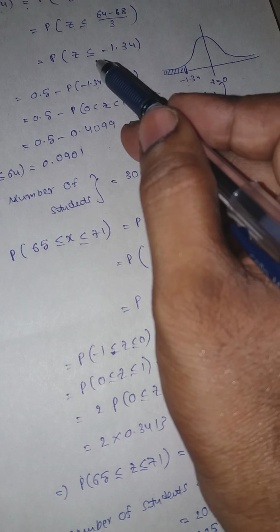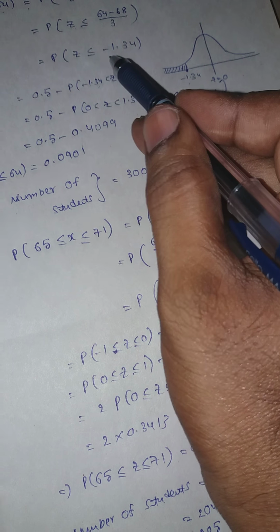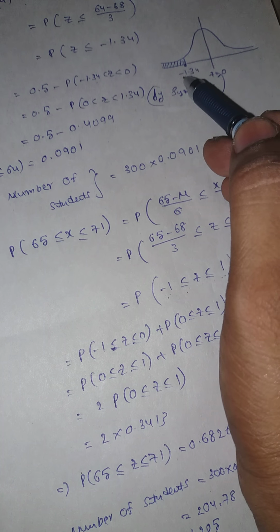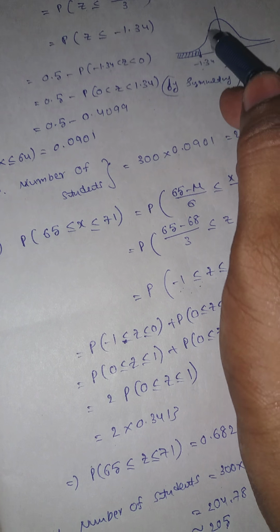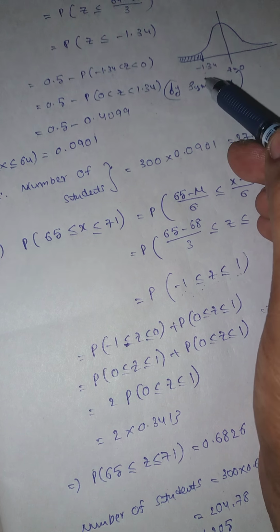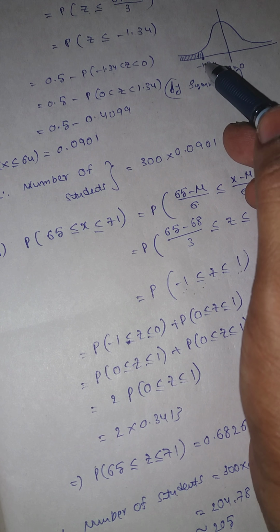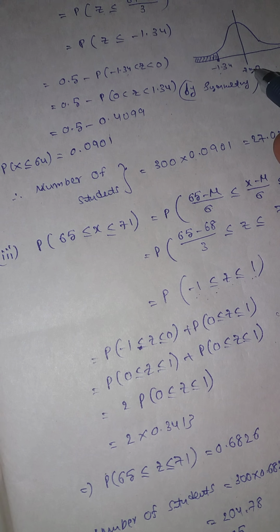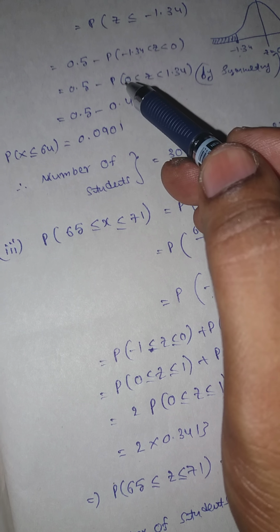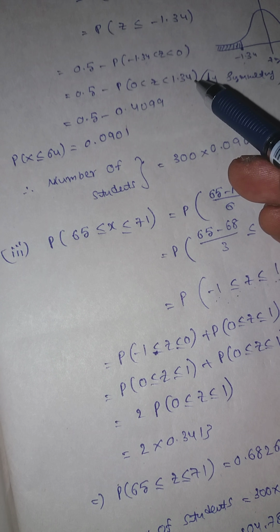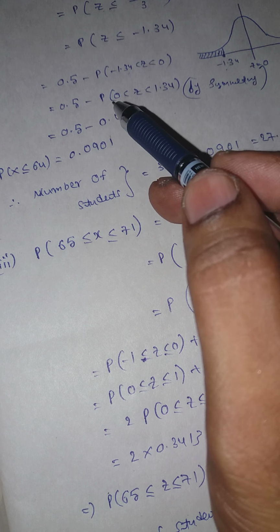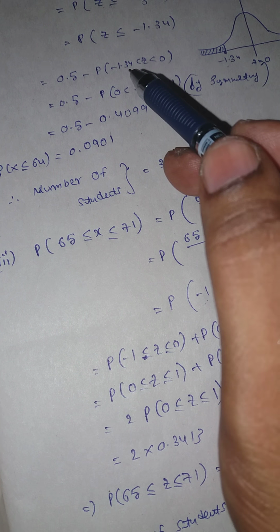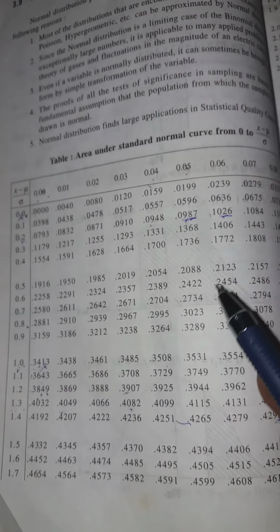If you want the probability, that means the area less than or equal to minus 1.34, this is the area I need. The formula is: from the 0.5 total area, take off this part, which is the probability from minus 1.34 to 0. So 0.5 minus P of minus 1.34 to 0. Negative to 0 is not acceptable because our tables have only positive side areas.